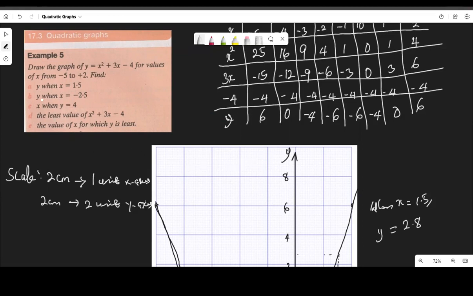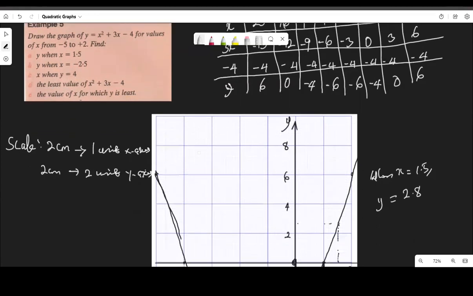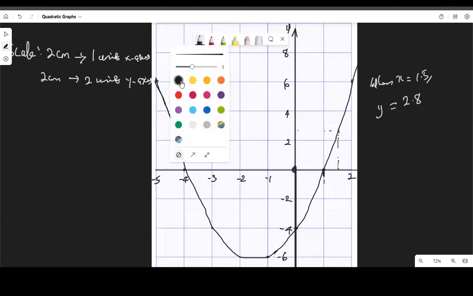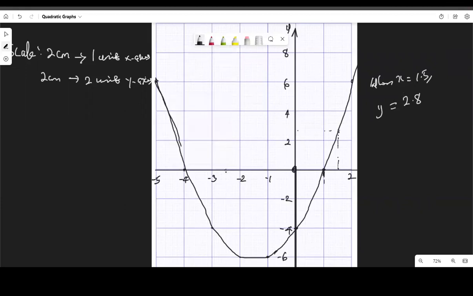Then the B part says find y when x is equal to negative 2.5. Negative 2.5 should be the middle here, and we have to find y at that point. In this case, I'm going to trace it down, not up. If I trace up, there's no way I can touch the curve. Here's my 2.5 somewhere here. When tracing, make sure you use a ruler so the line will be perfect.